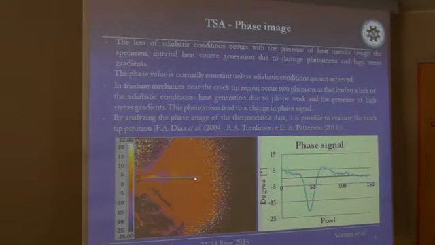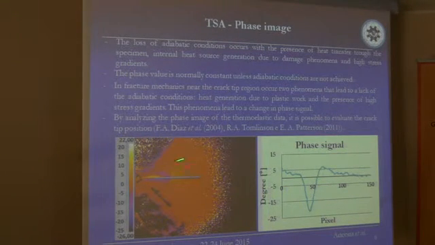In the figure here you can see a typical phase amplitude image during fracture mechanics tests. On the right is plotted the phase signal along the crack tip direction. So the loss of adiabatic condition occurs when there is heat transfer through the specimen or internal heat source generation due to damage phenomena and high stress gradients.